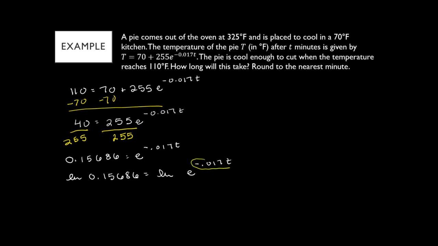And our exponent has that property that it can drop down, and then the natural log of e cancels out. So we've got the natural log of 0.15686 equals negative 0.017t.